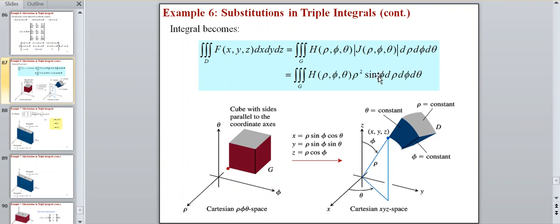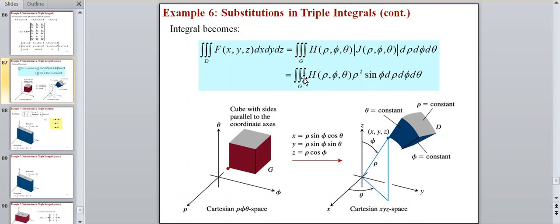Phi is from 0 to pi, and from 0 to pi, sine is positive, so we don't need the absolute value.